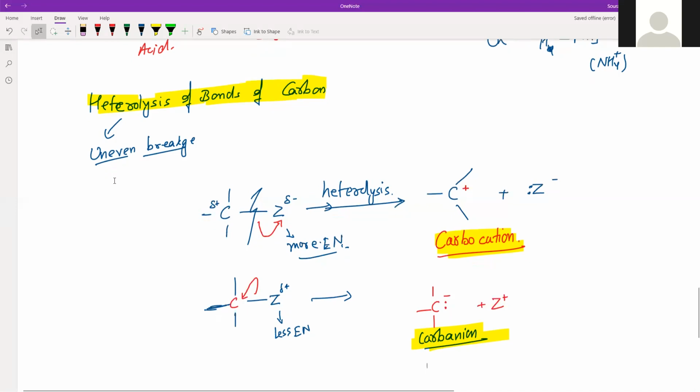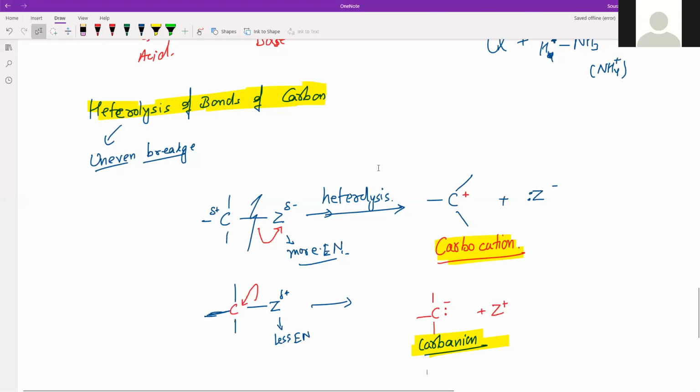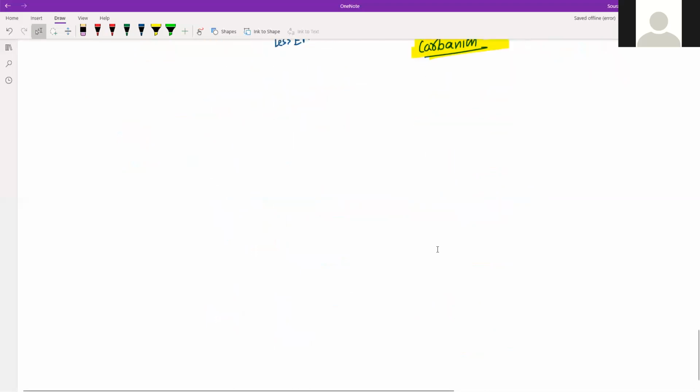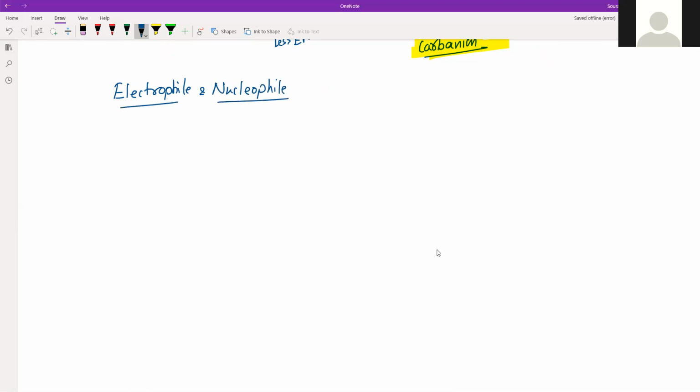Okay, now this was one classification of your substrate. Now we will see classification based on something else, that is electrophiles and nucleophiles. Again, this electrophile and nucleophile will come in our further organic reactions, so it is better to know the concept behind this.